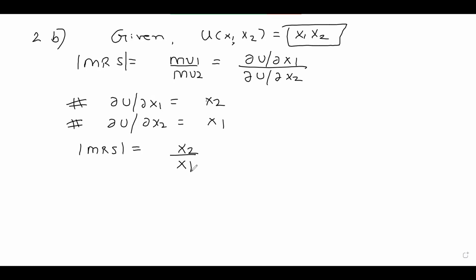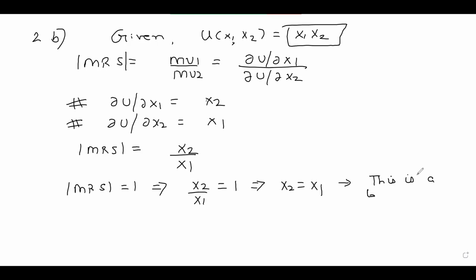Now we need to graph the locus of points for which the mod of MRS is equal to 1. It implies x2 by x1 is equal to 1, which implies x2 is equal to x1. So I can say this is a locus of all the points lying on the 45-degree line through the origin.